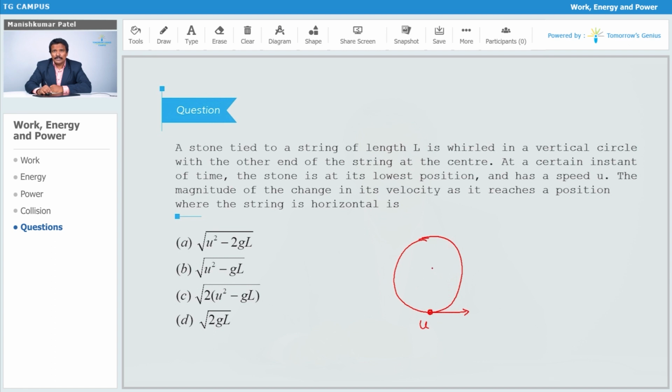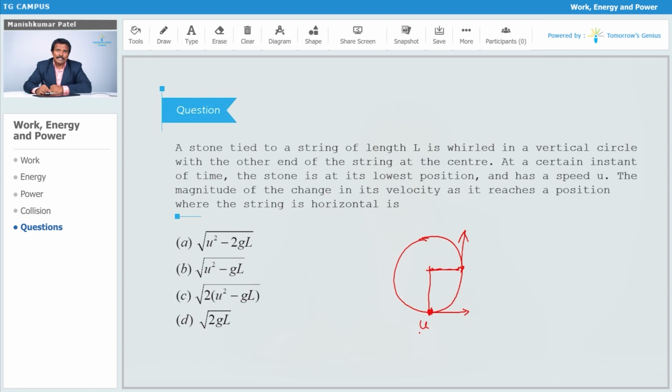So when the string is horizontal, we have to find the difference, the magnitude of change in its velocity.